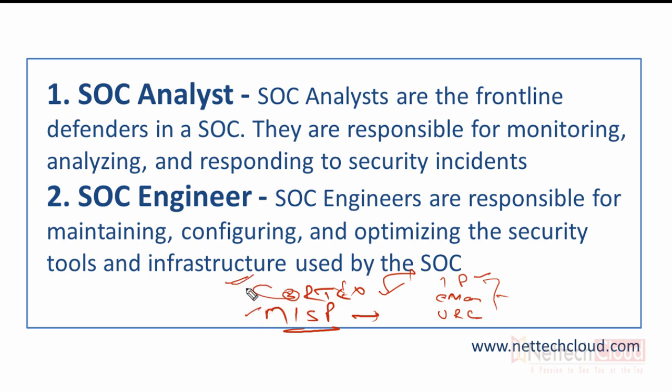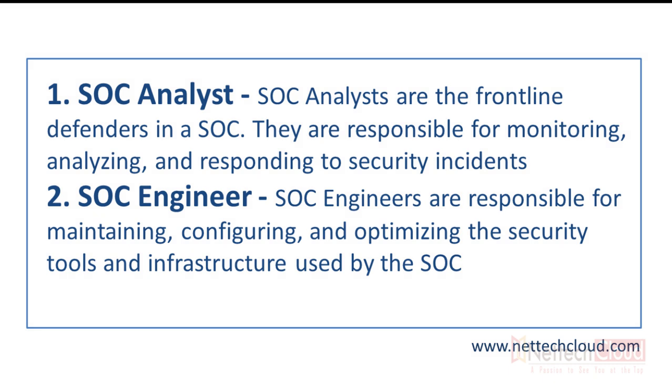Cortex and MISP are open source, free to use, but they do require a lot of configuration and can be integrated with the SIEM also. So SIEM can be integrated with a security incident response platform, and that can further be integrated with some other tools and software. I'm going to show you what exactly I'm talking about here, just hang in there.